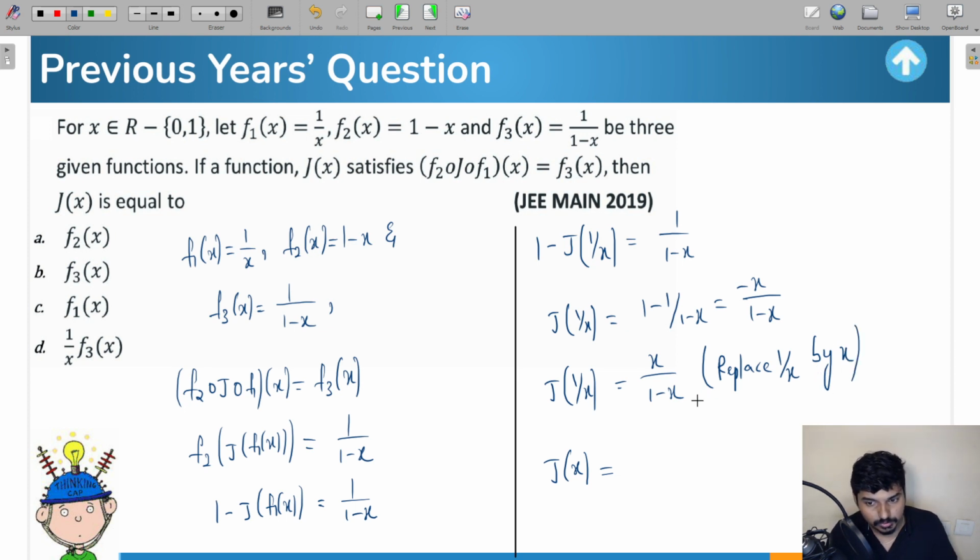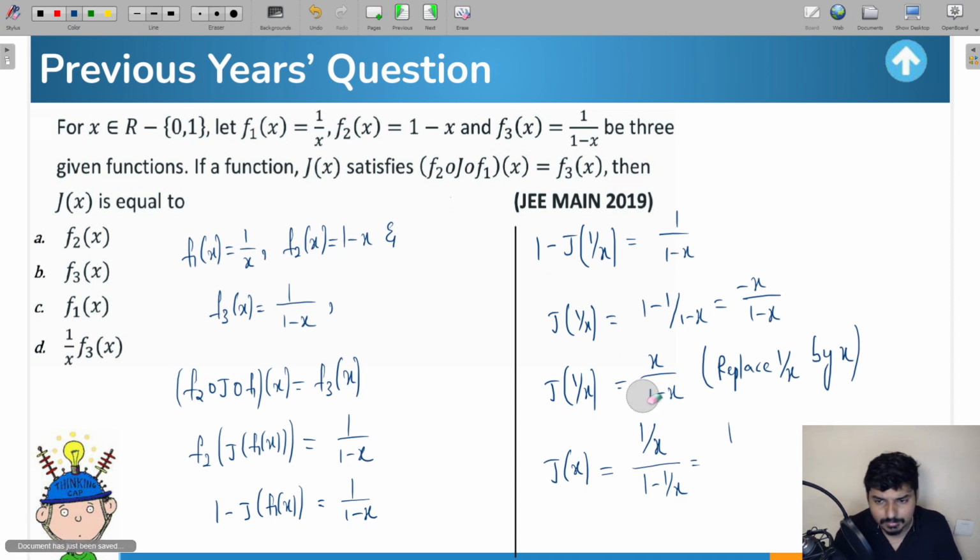If you do so, you're going to get g of x is going to be, in place of x, you have to replace it by 1 by x. You're going to get 1 by x by 1 minus 1 by x.